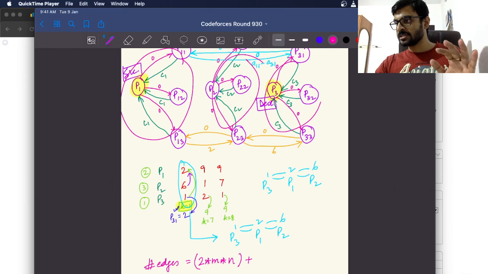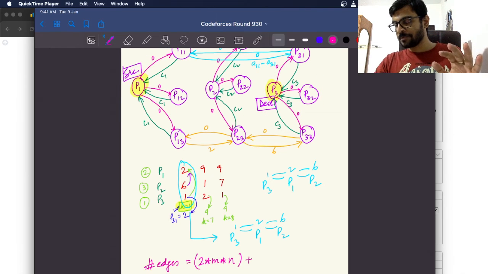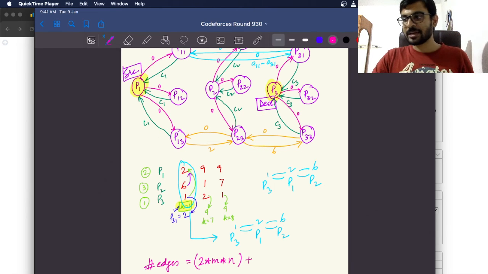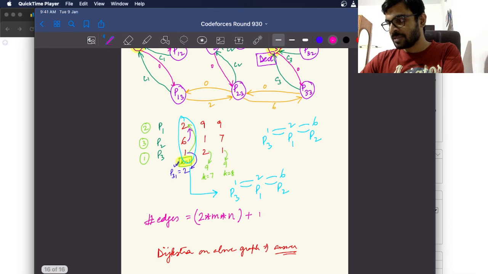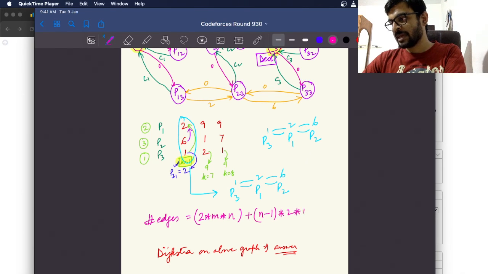This plus this is 2m into n, and now among these, we have n minus 1 multiplied by 2 multiplied by n.